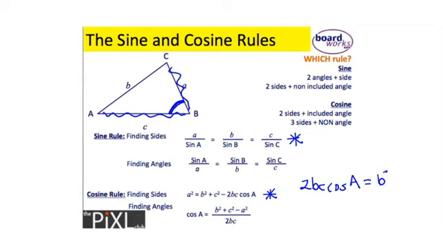We then have b squared plus c squared, take away a squared. To be able to find cos a, we need to divide all of that by 2bc. And that comes down here. So this is the rearrangement here that's necessary to be able to find the angle. And that's the angle A that you're missing.